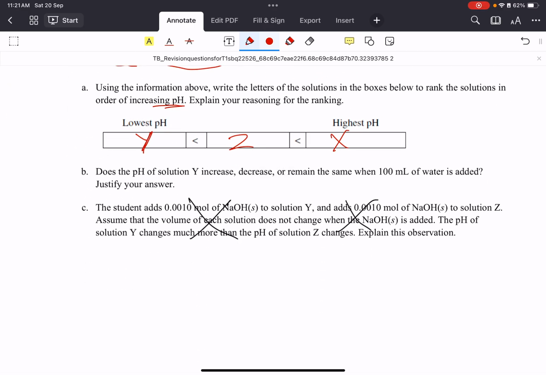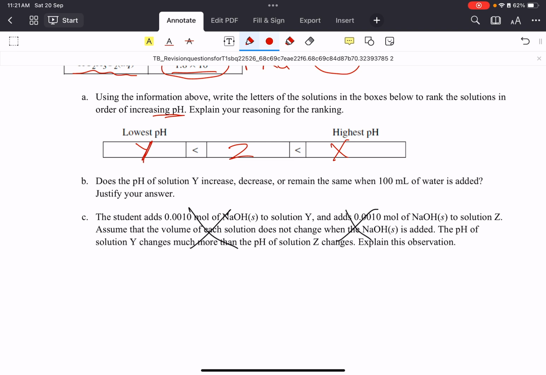Moving on to part B: does the pH of solution Y increase, decrease, or remain the same when water is added? So this is a strong acid with a very low pH. When you add water to it, the amount of HBr is going to be less because it's diluted. It will still give you a full amount of H+, but compared to the previous concentration, it is a lower concentration.